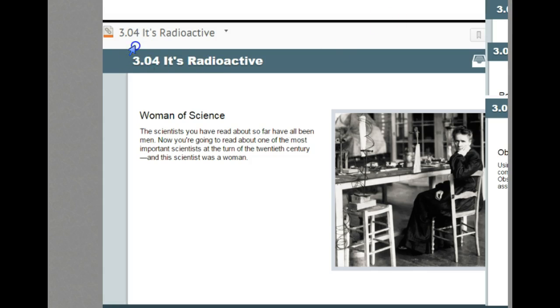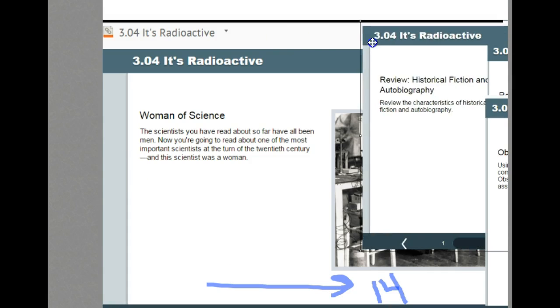Alright, on 3.04, which is Tuesday, you're going to get to read about this famous woman, Marie Curie, in a lesson series called It's Radioactive. I want to point out that there are 14 slides for you to read through in this lesson. So you're going to read through them all, complete the interactives, and go to any links they share with you.